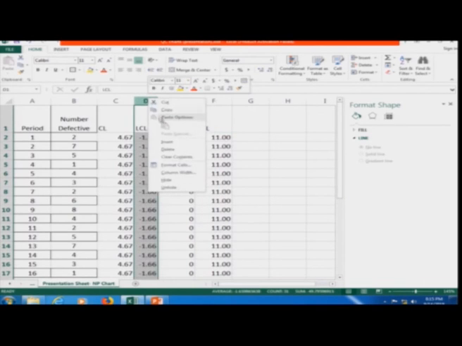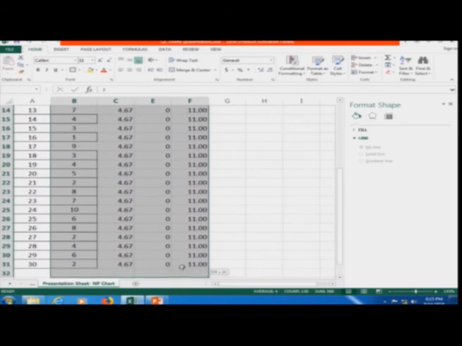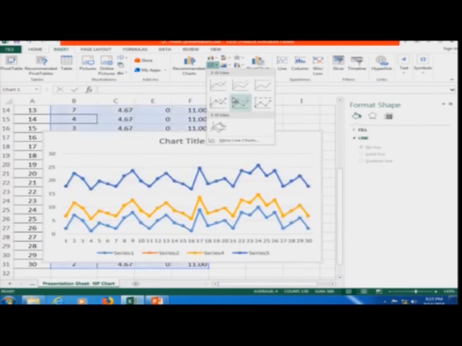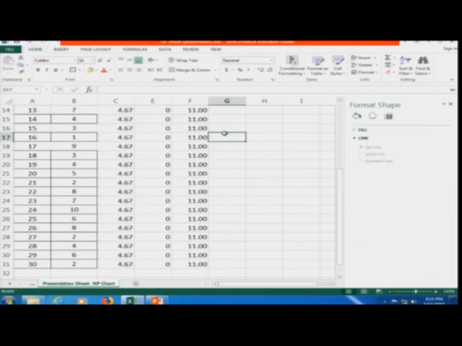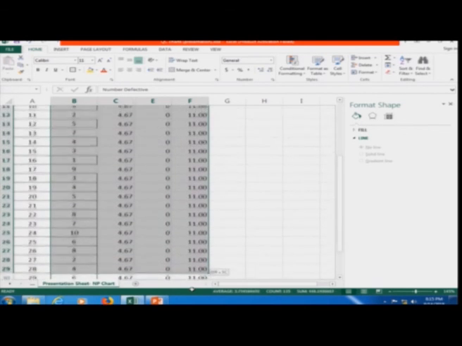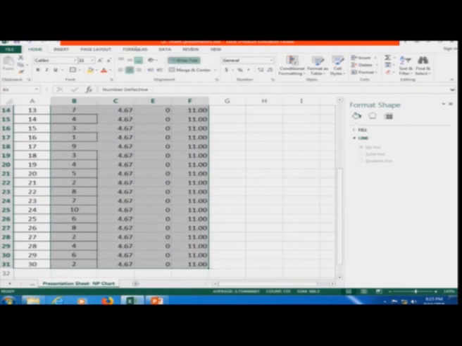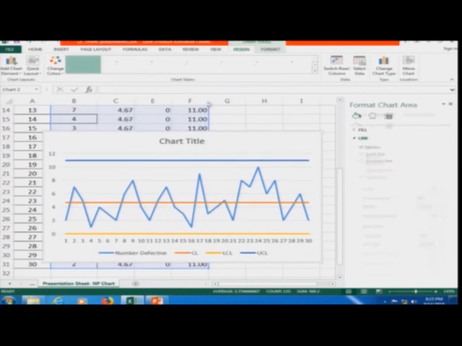Now I will hide this and try to plot these values. I haven't picked the series name: number defective, center line, and control limits.